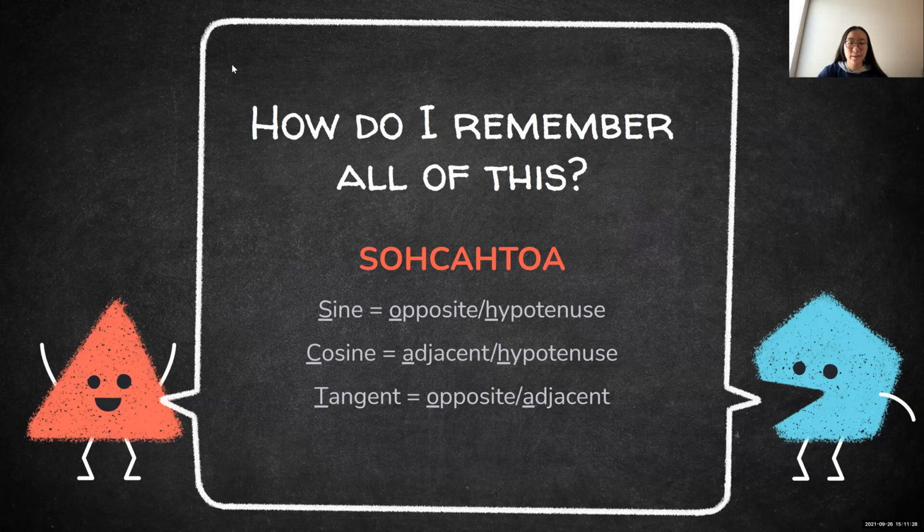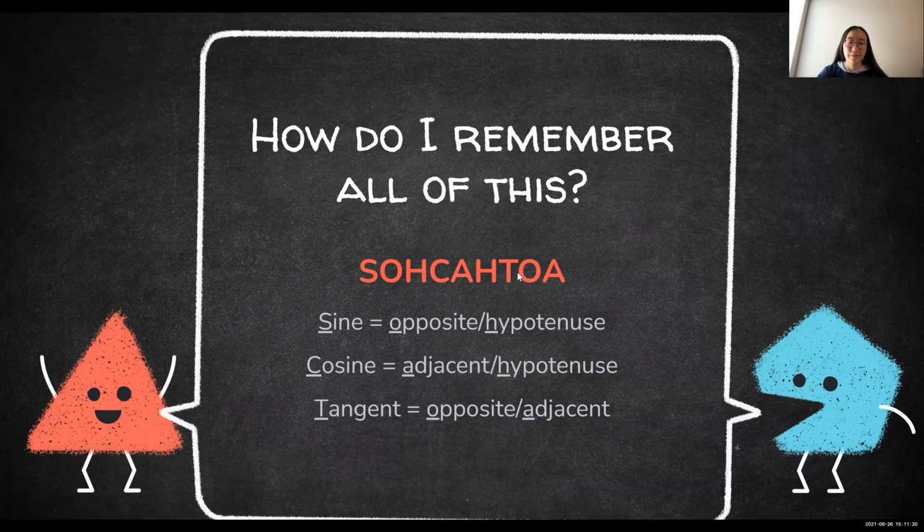All right, now we've just given you a lot of information. So how should you remember all of this? There's a helpful thing that lets you remember that, and that's SOH CAH TOA. The letters represent the ratios for each of the trig functions. Sine is opposite over hypotenuse, that's why there's SOH.